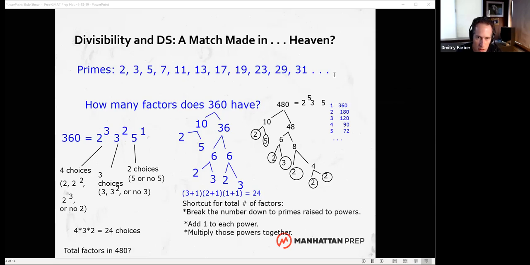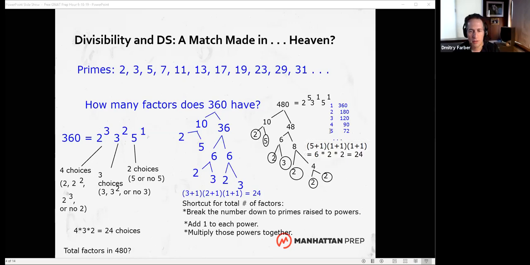So let's make sure that our math works out here. So what should I do? I break them down to primes raised to powers. I add 1 to each power. And what do I get? I get 6 times 2 times 2.